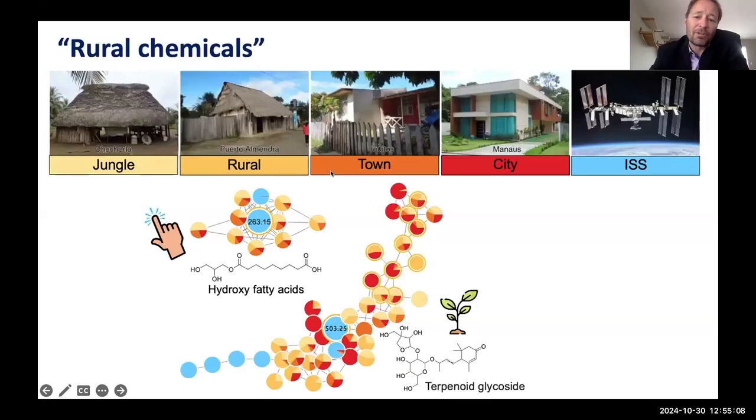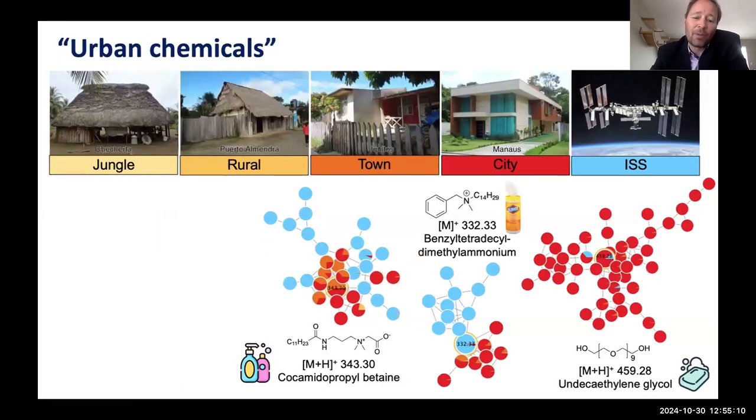And then a lot of molecules are observed only in cities and the ISS space station. And this is largely molecules that are part of our cleaning habits, such as the quaternary ammonium salts, cocamidopropyl betaines that are part of soaps and shampoos, etc.